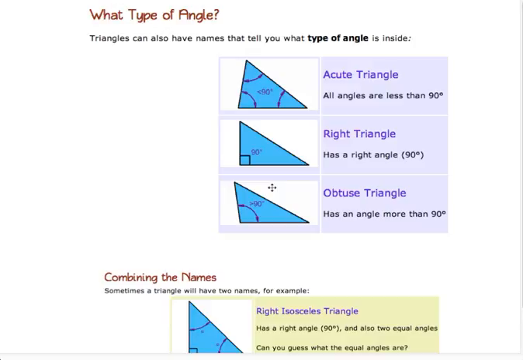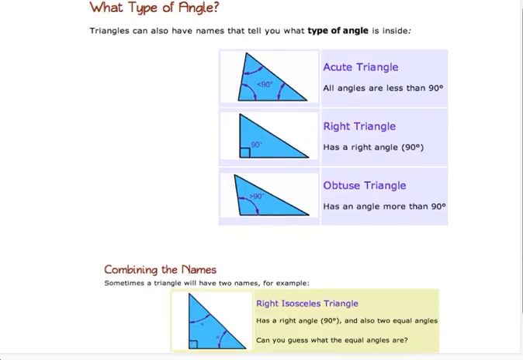The third type of triangle is called an obtuse triangle. Now remember, a small one is called acute. Obtuse means larger. So if I measured from here to here, it would be more than 90 degrees. And we can tell even by looking that this angle right here is larger than this angle and even the 90-degree angle.